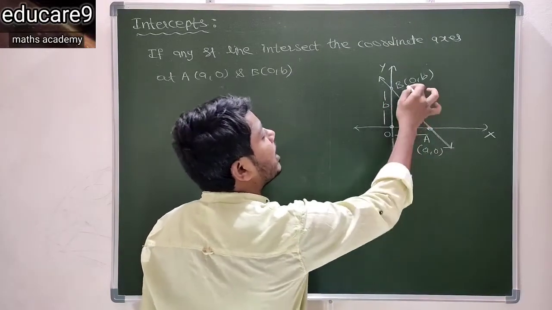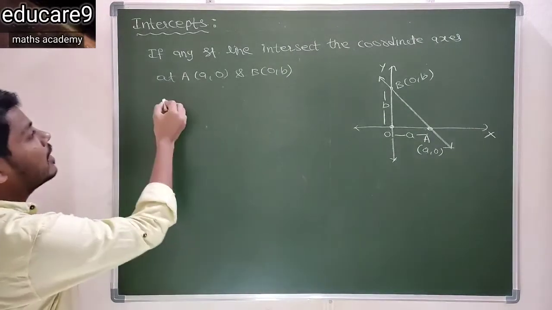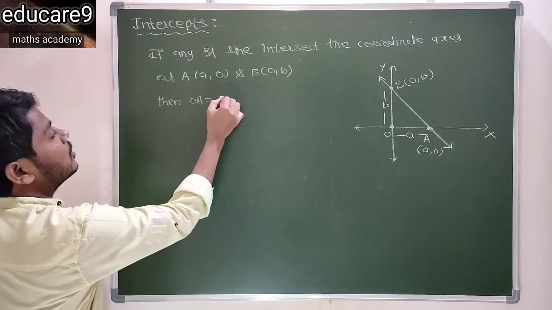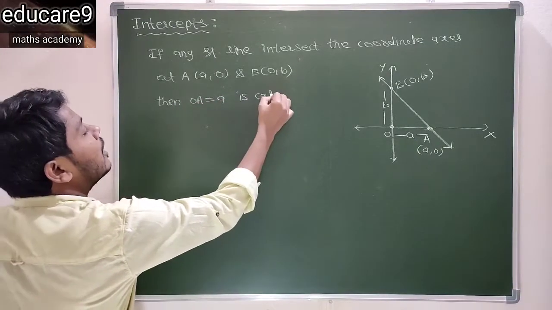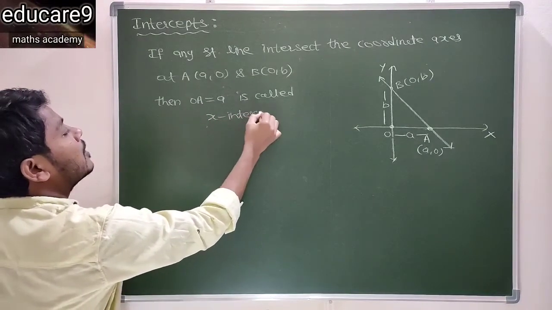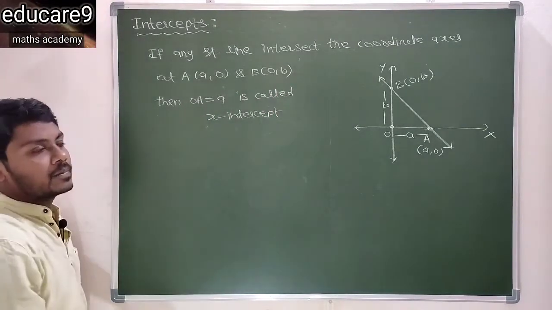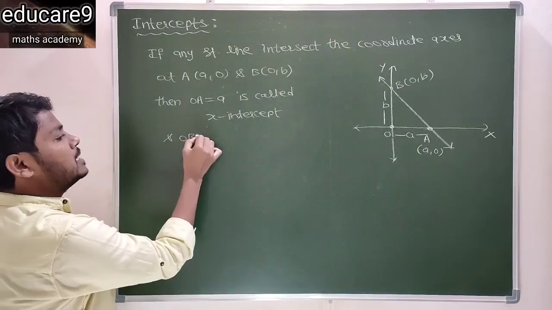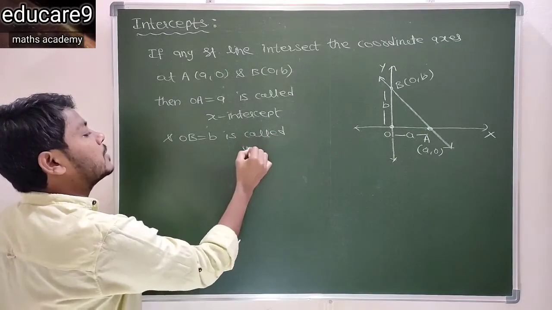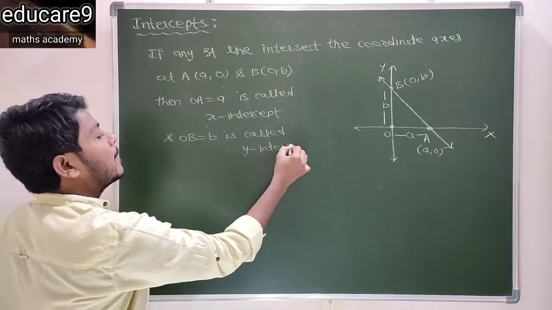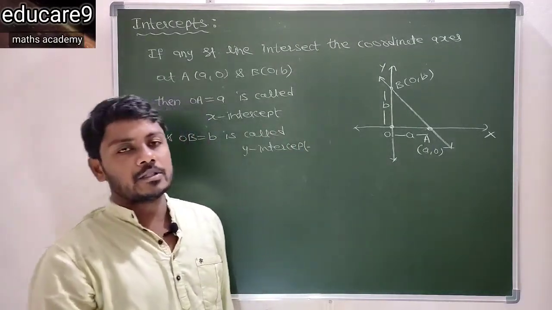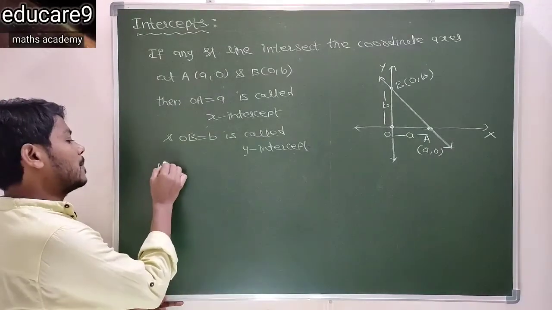The y coordinate of B, that is b. So OA equal to a is called the x intercept, and OB equal to b is called the y intercept. So this is the intercepts concept. Now see the note.